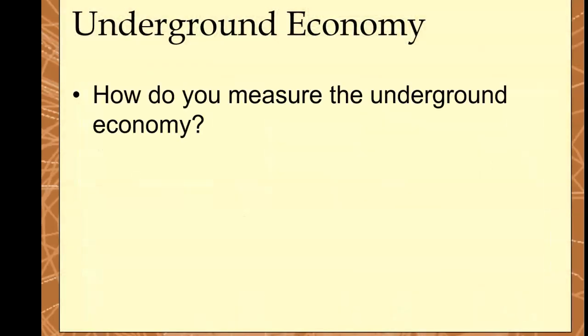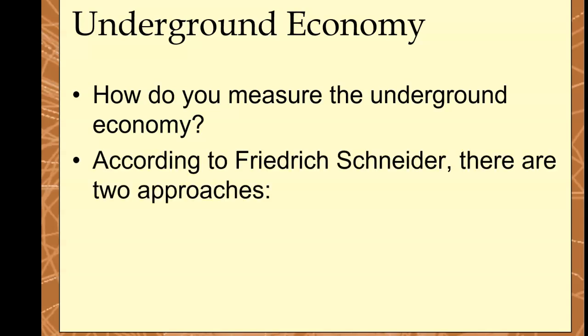Now, how do you measure the underground economy? Well, there is an economist, Friedrich Schneider, who does try to do this. He could use the direct approach, which is to ask people, but they don't like to answer it, or he could use the indirect approach, and this is pretty much the approach he uses.